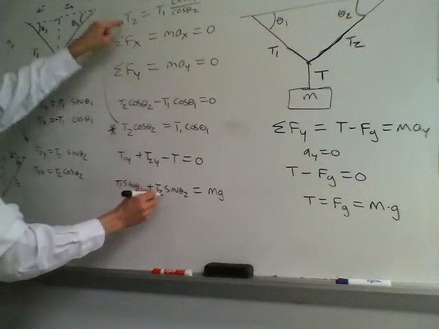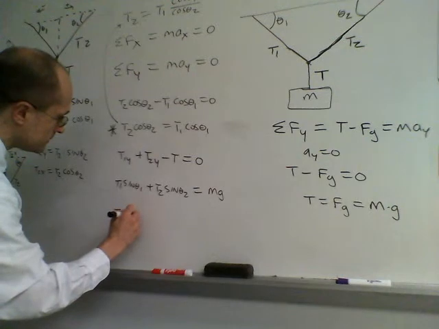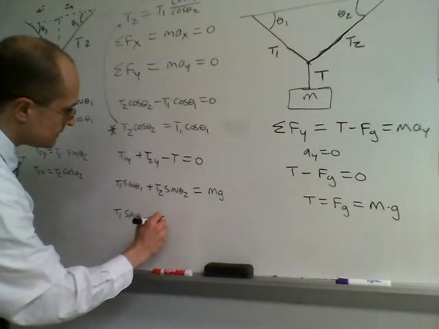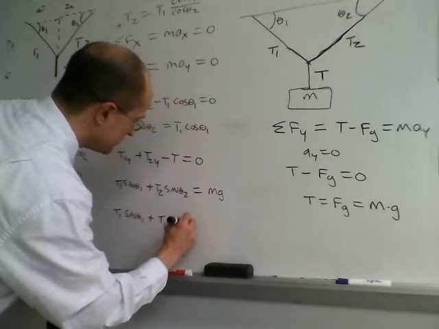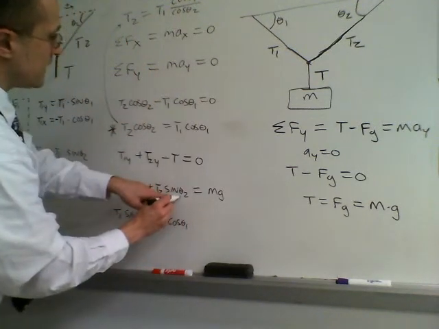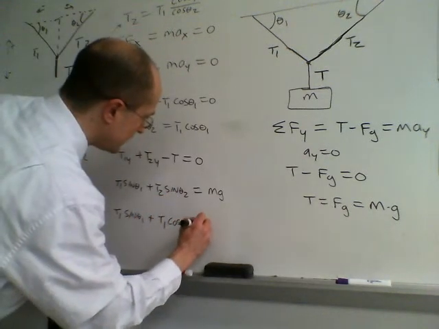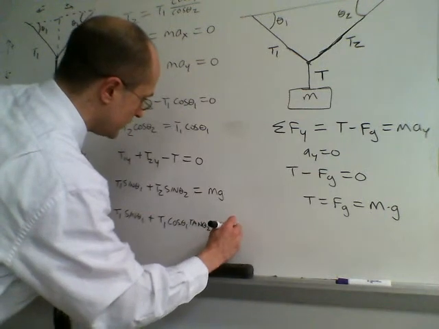So the idea is we put this T2 into here, and we get T1 sine theta 1 plus T1 cosine theta 1, and then you can see we have sine theta 2 over cosine theta 2, and so that becomes tan theta 2 has to equal mg.